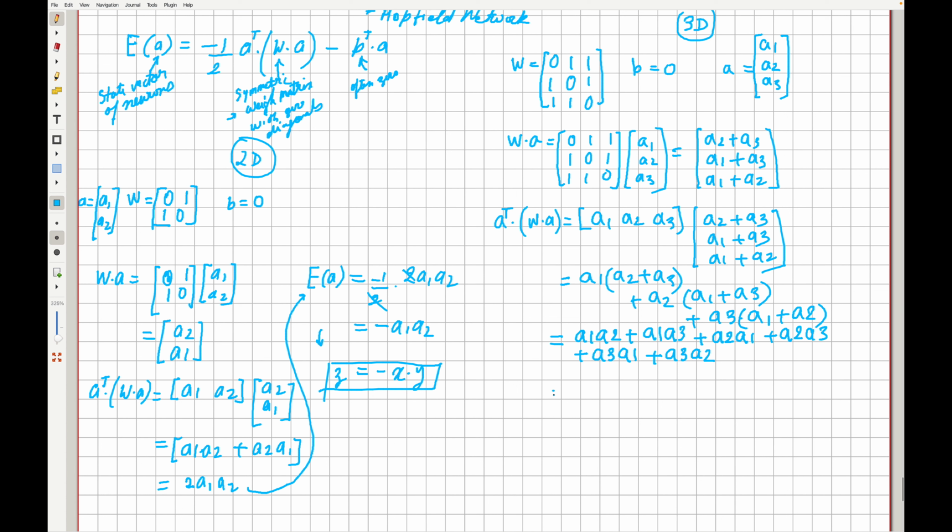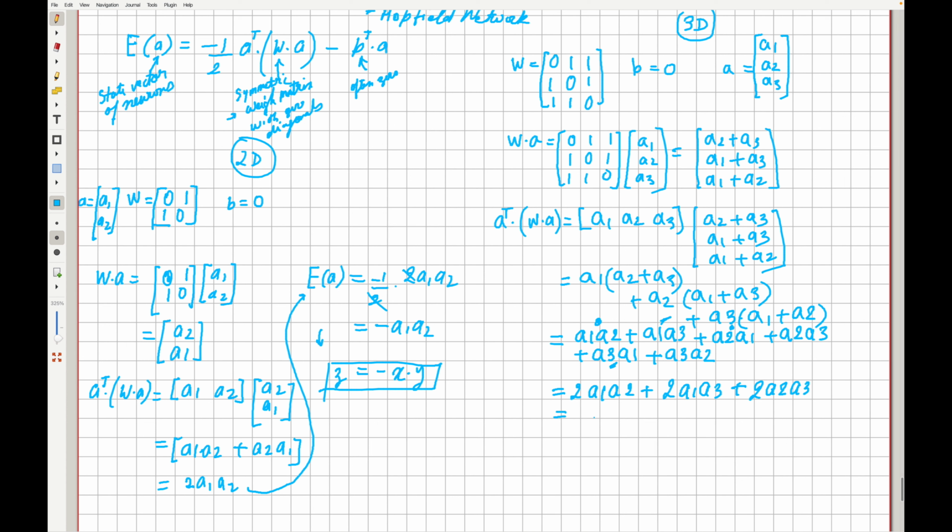And now if we look at this A1 A2 and this A2 A1, it is the same, so we can say 2 A1 A2. Then if we look at A1 A3, we see that they are also occurring 2 times, so we can say 2 A1 A3. Finally, A2 A3 is also 2 times, so we say 2 A2 A3.